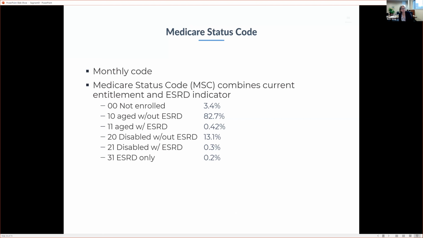Also remember, for example, that "not enrolled" as a status means they are not enrolled in that month. It could mean because they have died. It could mean they have not yet turned 65 but are going to turn 65 during the calendar year. So don't forget that not enrolled means two different things, but you can combine on a monthly basis so you can identify when exactly somebody became Medicare eligible.